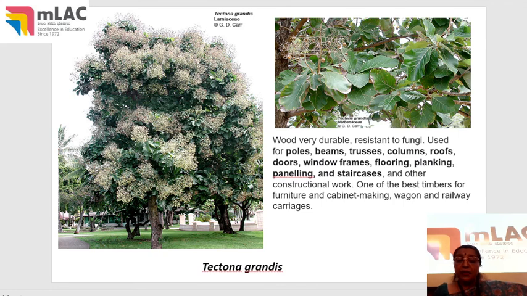Now Tectona grandis, commonly called teak, is a highly durable wood, and as it is resistant to fungi, it is used for making furniture, and for making poles, beams, trusses and columns on roofs, doors, etc. So basically Tectona grandis is commercially used for furniture purposes.